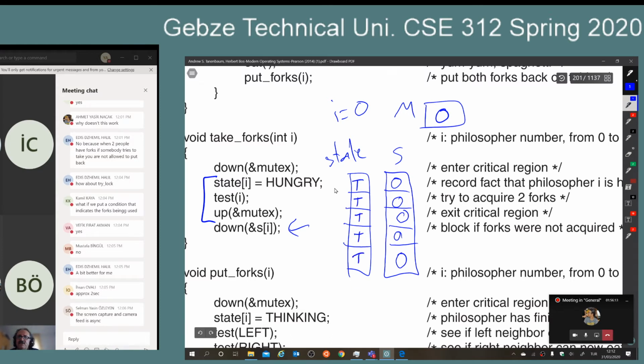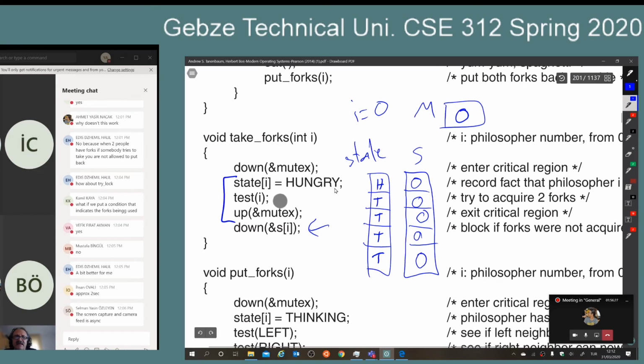My state I is hungry, so I will say that my state is hungry, H. So I like to eat, right? I will call this function named test I, and then after that I will up my mutex.